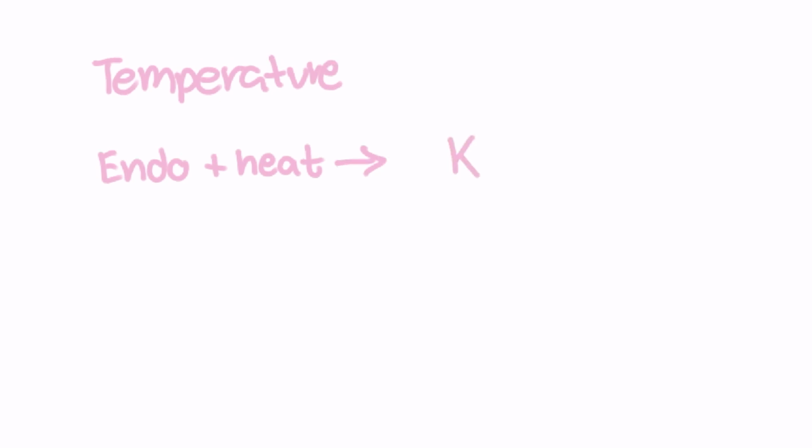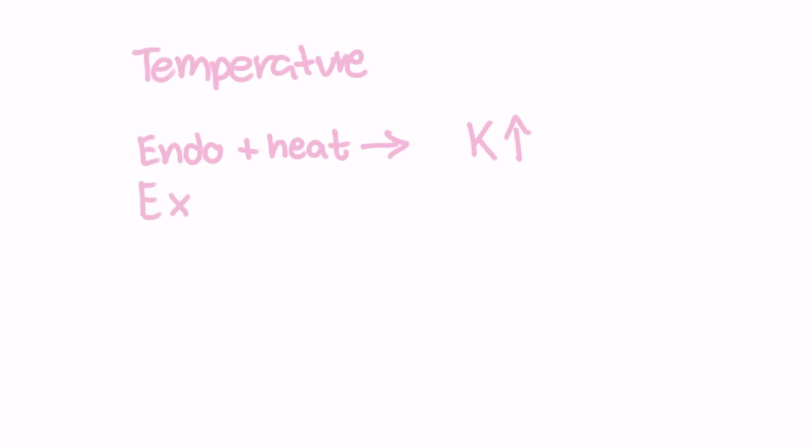This means that endothermic reactions plus heat, or when you add temperature, will cause equilibria to shift right, favoring products, and K will increase. Remember, because K's that are greater than 1 favor products. So it means that the greater the K, the more it will favor products. So this makes sense.